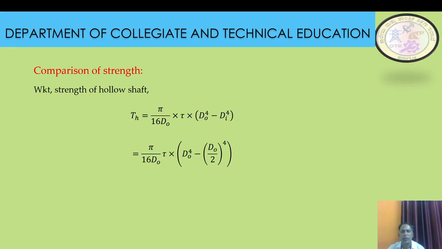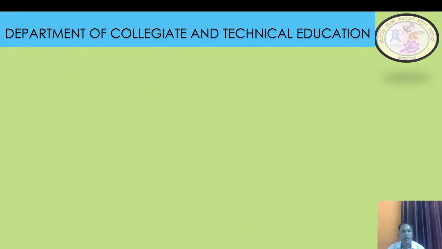After simplification it will be pi by 16 tau into dO cube into (1 minus 1 by 16). So therefore pi by 16 tau into dO cube into 15 by 16, call this equation 3, and the strength of the solid shaft is Ts equal to pi by 16 tau into d cube, call this equation 4.